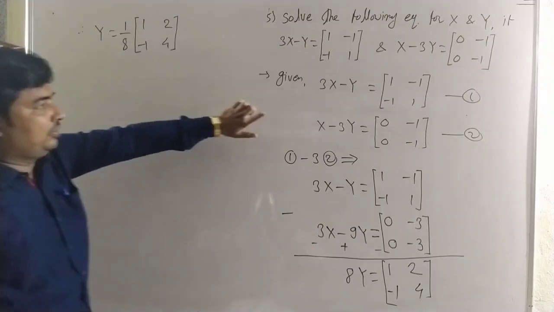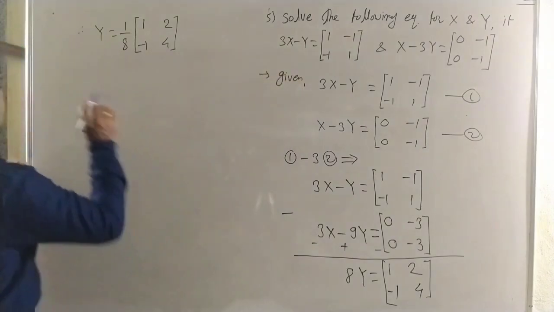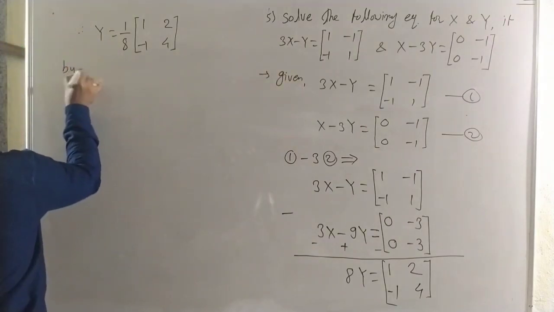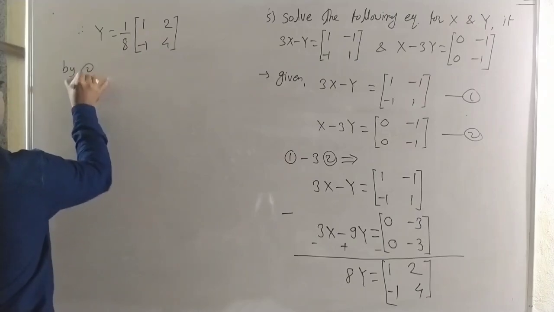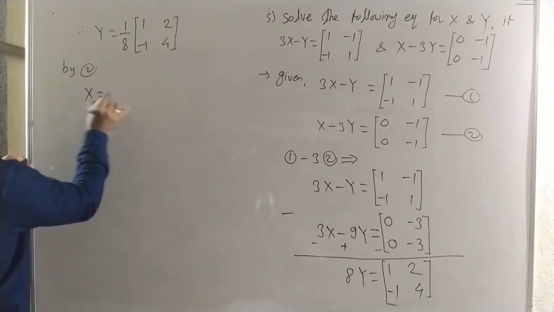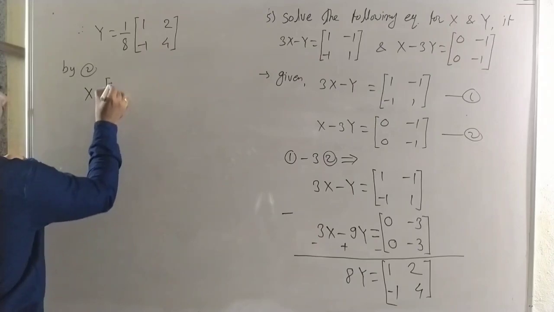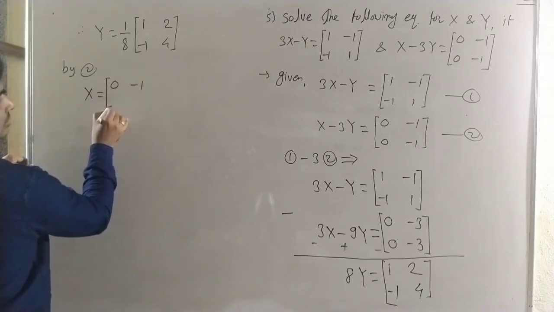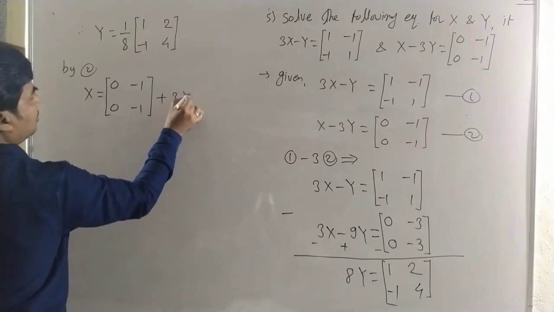Now we find the value of x by equation number 2 or 1. You can find the value of x by 1 or by 2. By equation 2, x is equal to the matrix 0 minus 1, 0 minus 1, plus 3y.